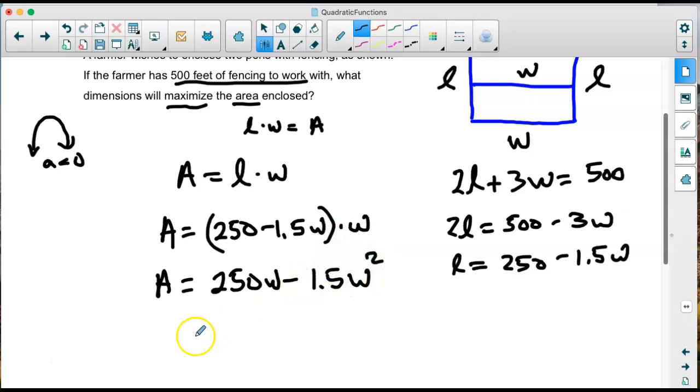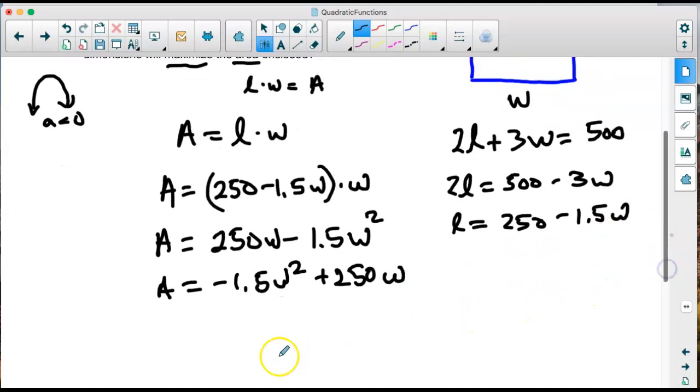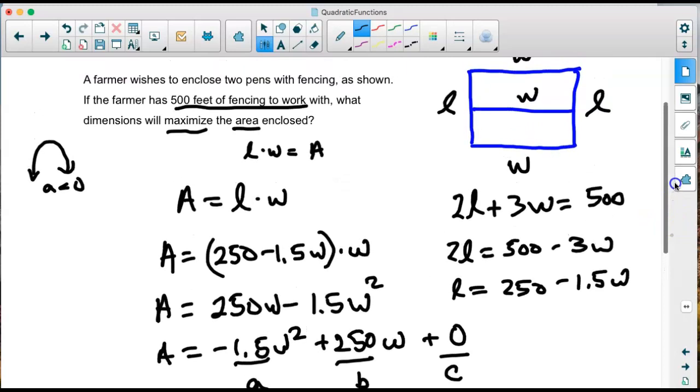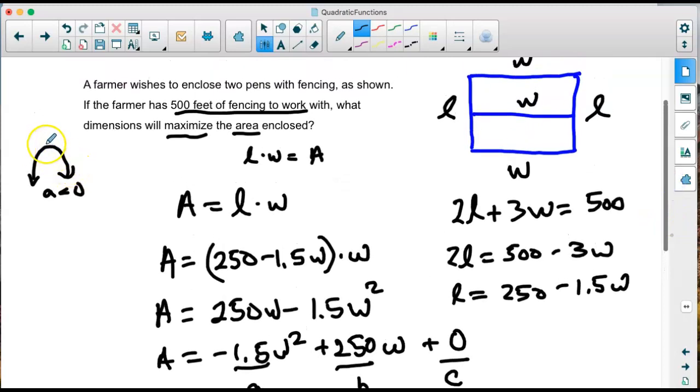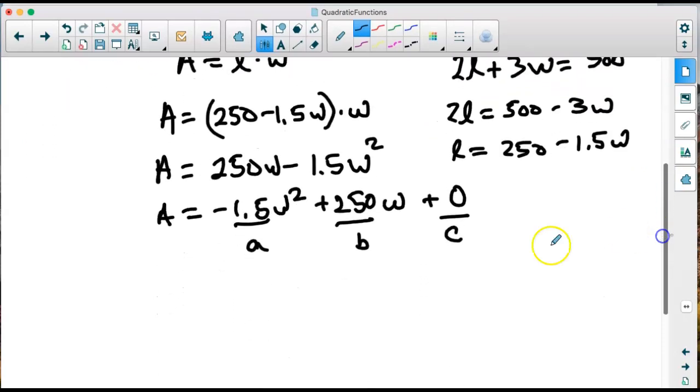If we rewrite it in standard form, it's going to be minus 1.5 W squared plus 250 W. In standard form here, this is A, this is B, and C equals 0. We don't have a constant value out here. So then we can find out where this maximum might be. We need to find the vertex of this thing.